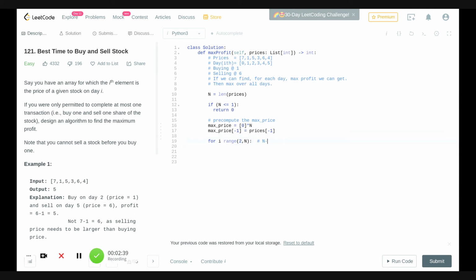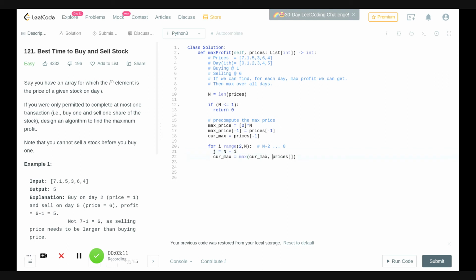We also need a current max price variable, which is also the last price. Now we update our current max equals max of current max, comma, prices of j.